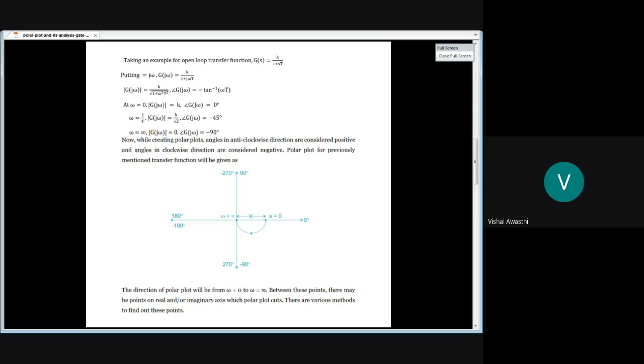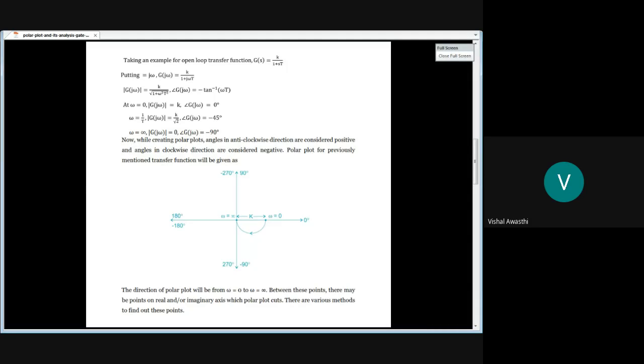Now, the third one is you had to vary the value of frequency. Till now, you can see that in your Bode plot, you have to convert this magnitude into decimal also. But here, there is no need. Just put omega is equal to 0 for magnitude as well as phase.